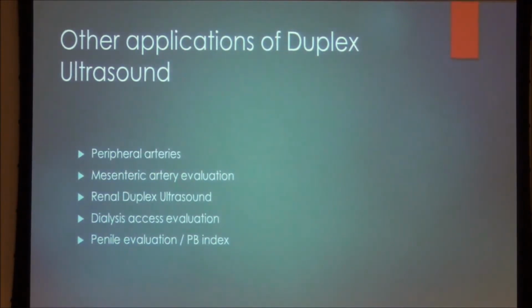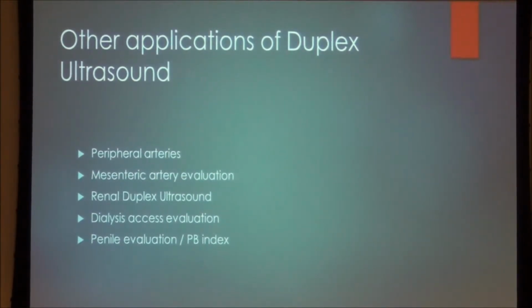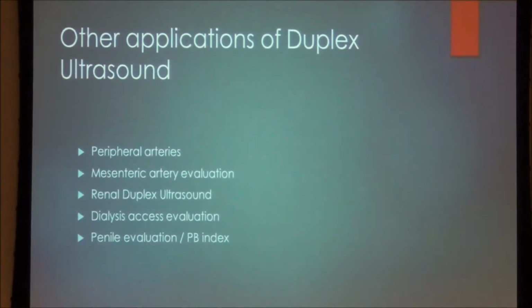There are other applications for duplex ultrasound. In peripheral arteries, you can look at the arteries and locate the plaque or stenosis. One of the important applications is mesenteric artery evaluation.